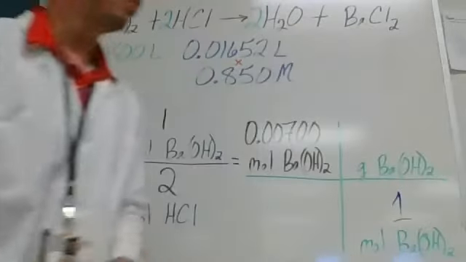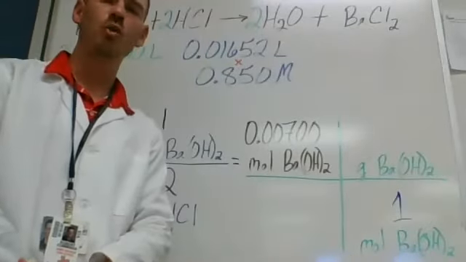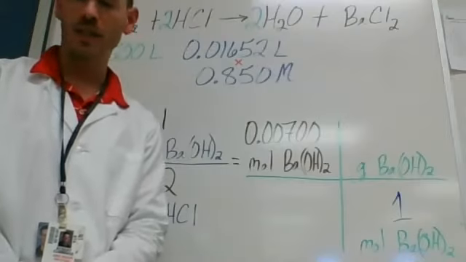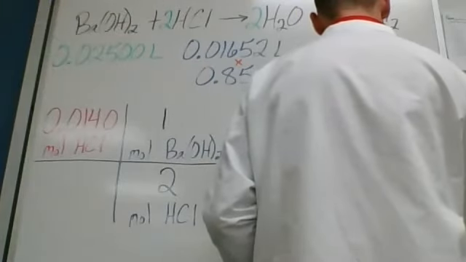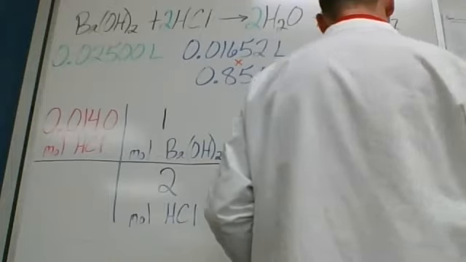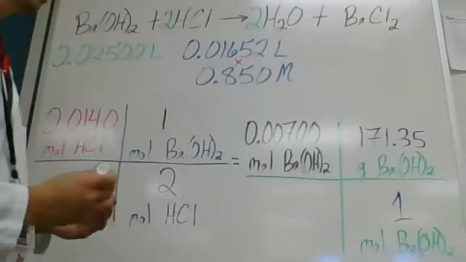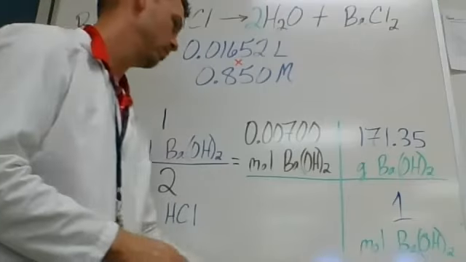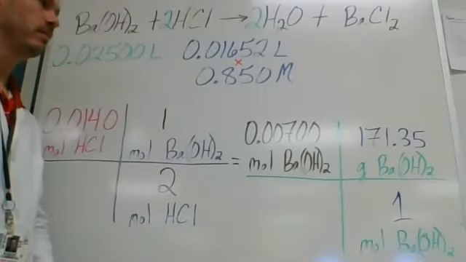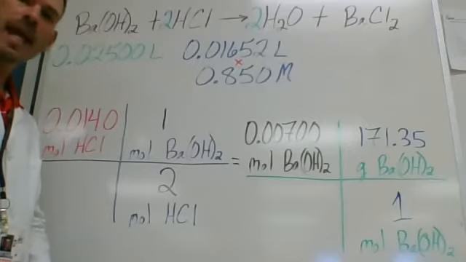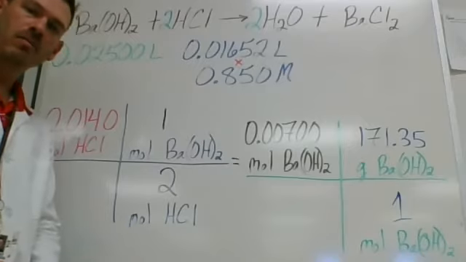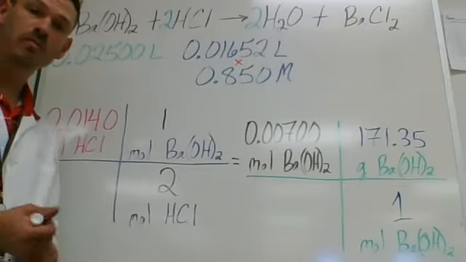So we would need the molar mass of 1 barium, 2 oxygens, and 2 hydrogens. I found it for us. 171.35. And now we know how many grams of the base was put in to that unknown solution.